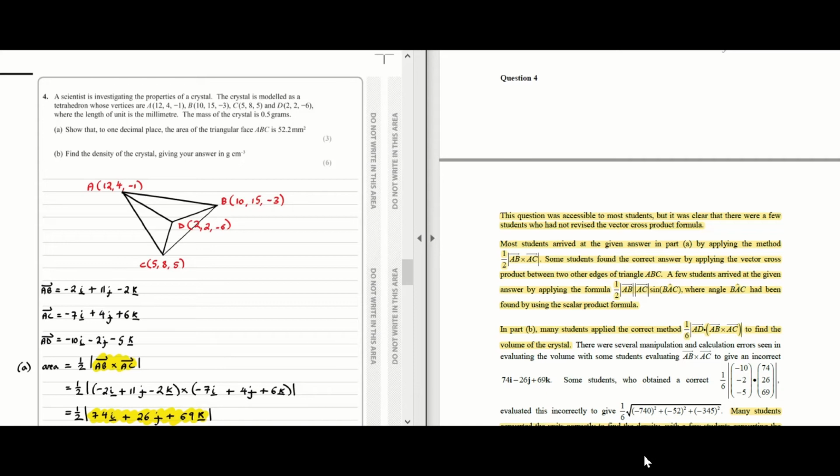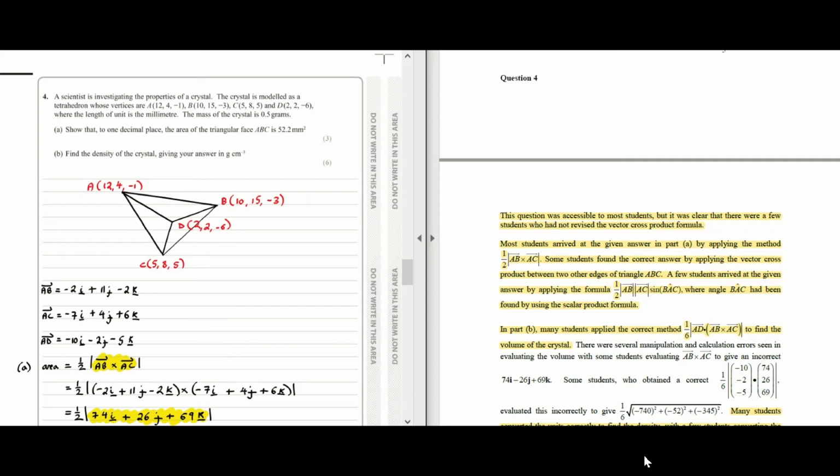A few students arrived at the given answer by applying the formula 1/2 times the magnitude of AB times the magnitude of AC times the sine of BAC, where the angle BAC had been found by using the scalar product formula. In part B, where we had to find the density, many students applied the correct method, so we have 1/6 lots of AD dot product with the product of AB times AC and then take the magnitude of that to find the volume of the crystal.